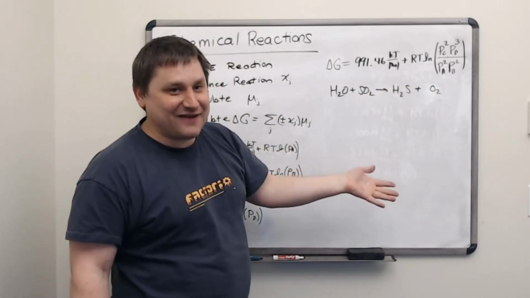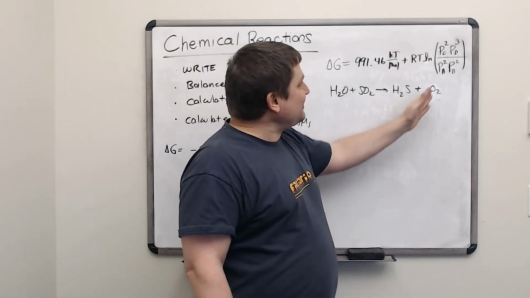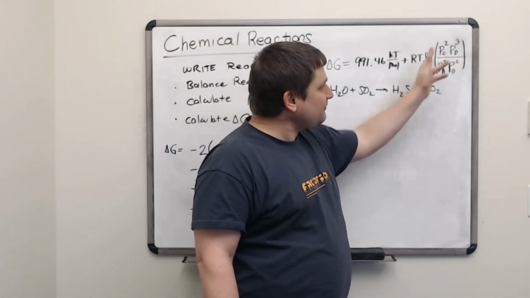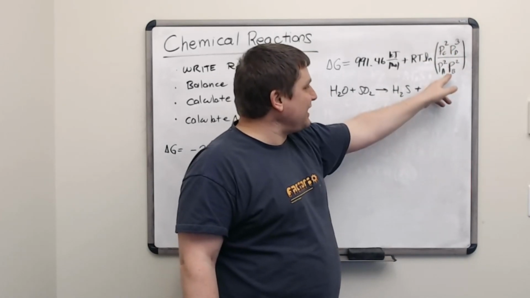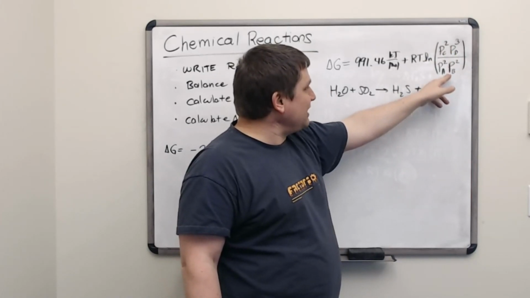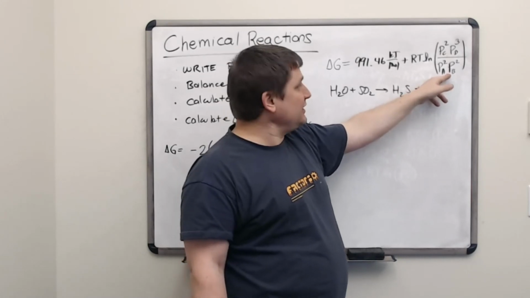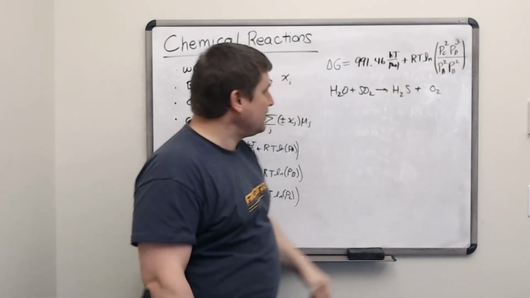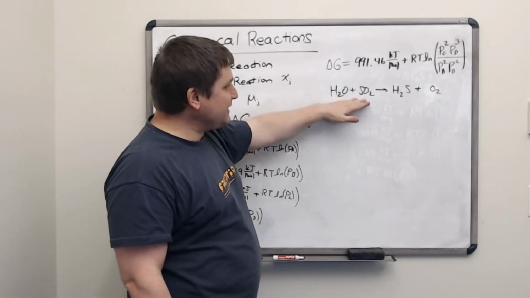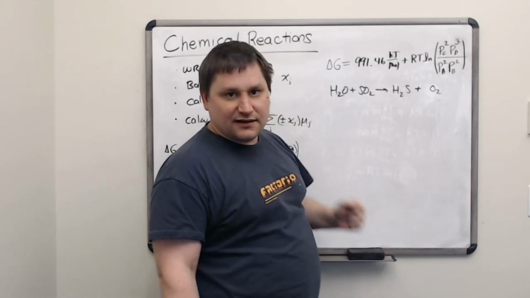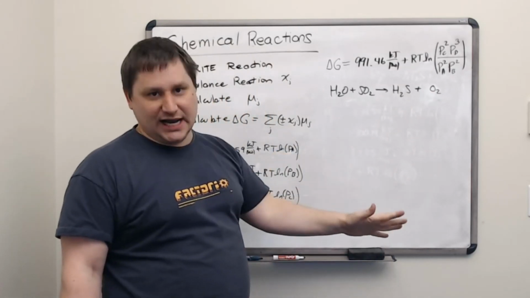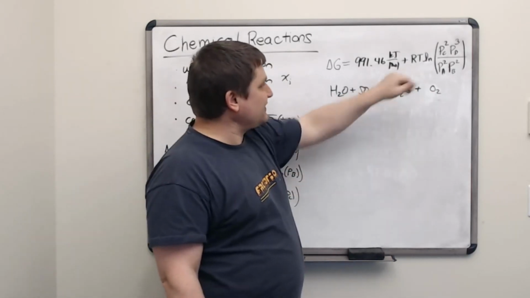So the terms inside of here are going to be extremely close to 0. That means the denominator must be much, much larger than the numerator. Denominator came from A and B. Numerator came from C and D. So species C and D have to be almost gone to make this equation balance.